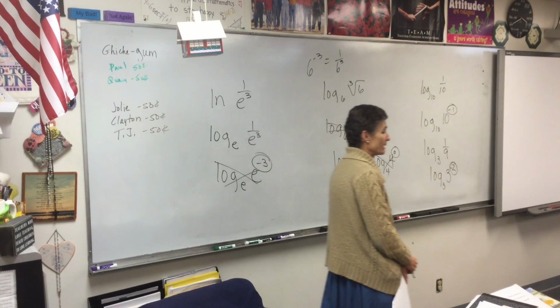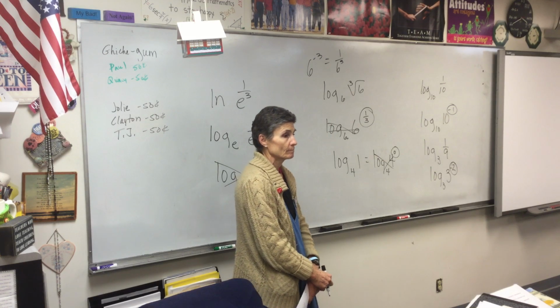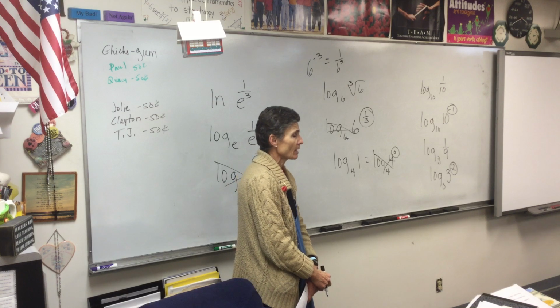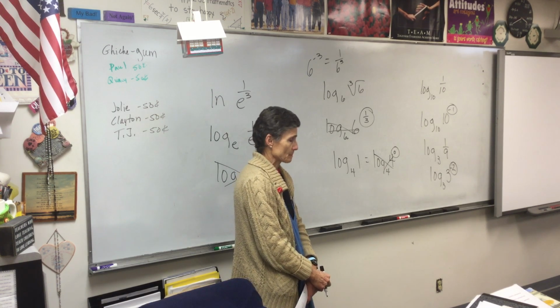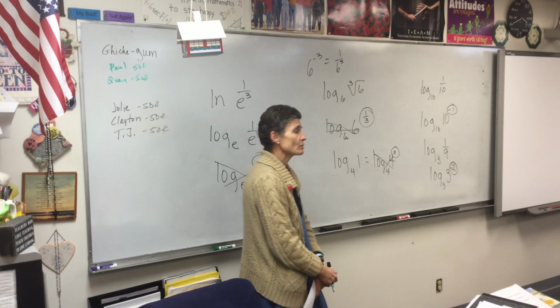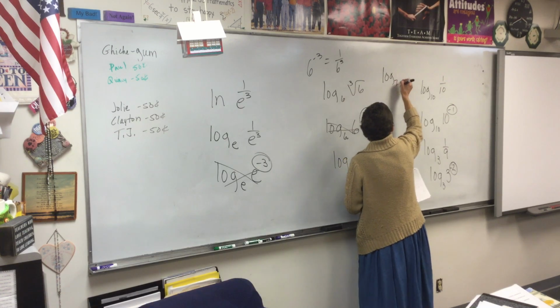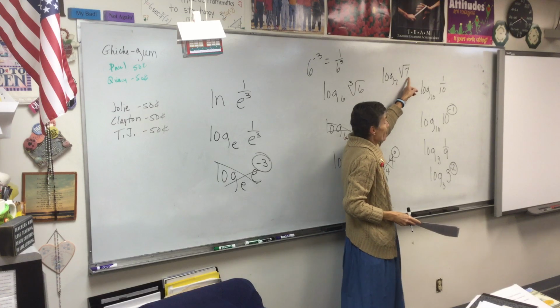Try 14 by yourself for a minute. See if you can get the answer to 14. We already did this. I don't think we did 14. We did not do it. The answer is 1/2. And the answer is 1/2 because, first of all, these are not back to back.